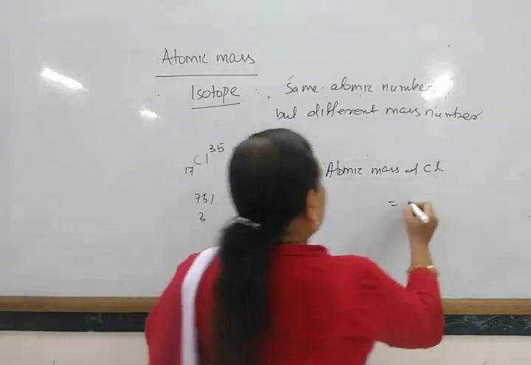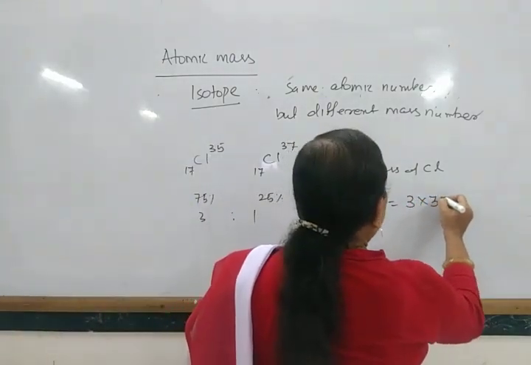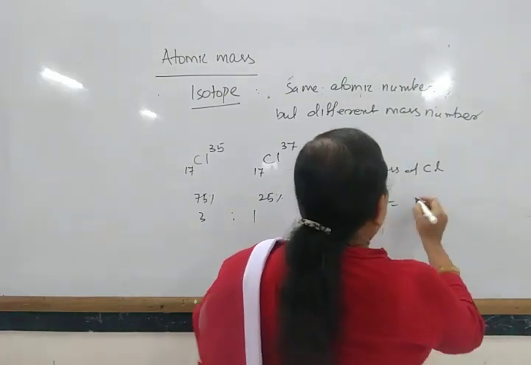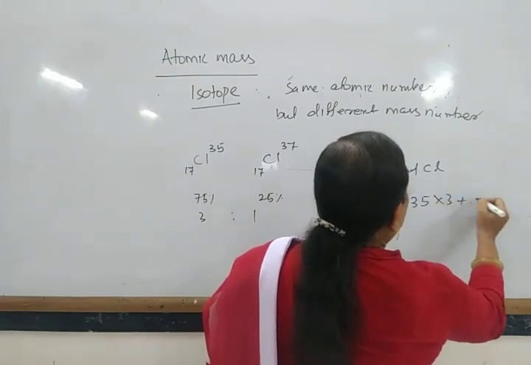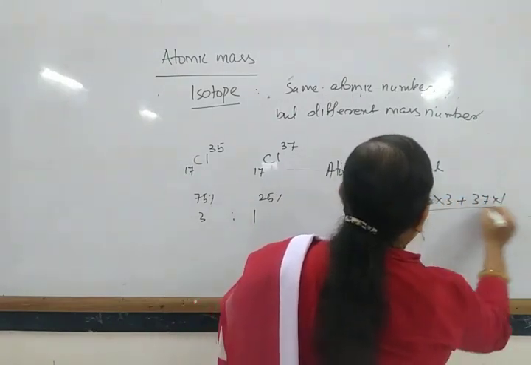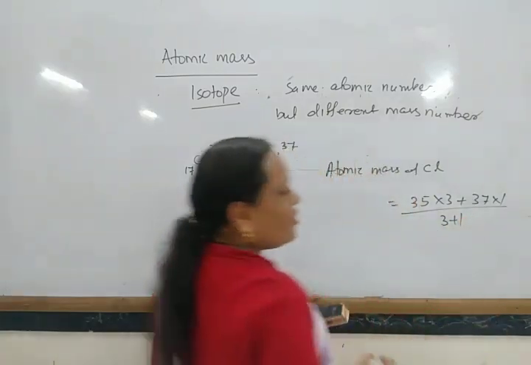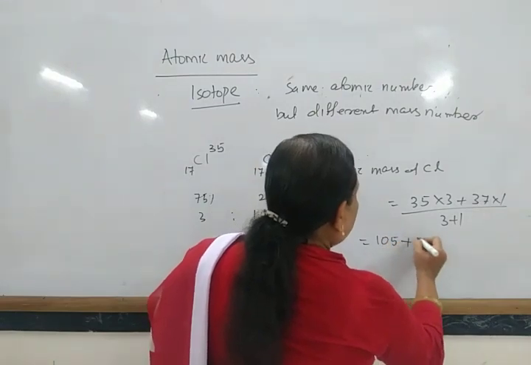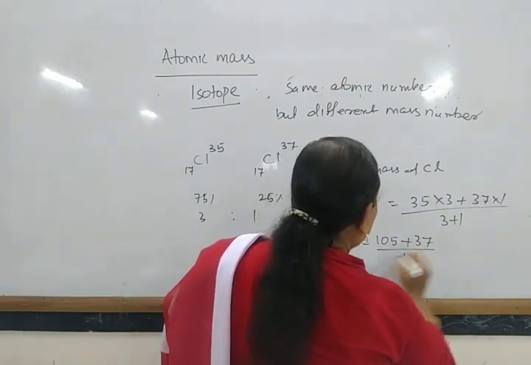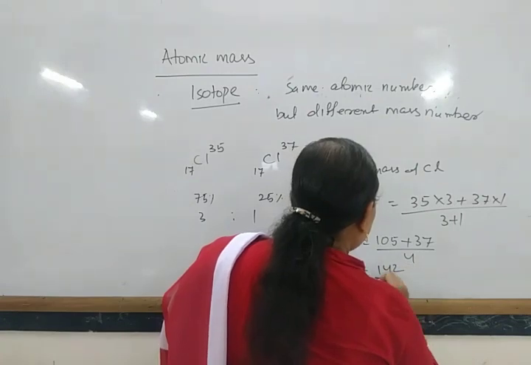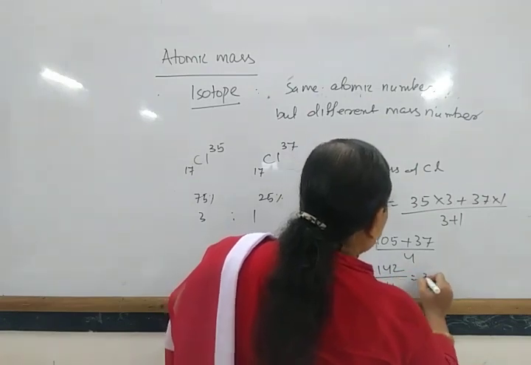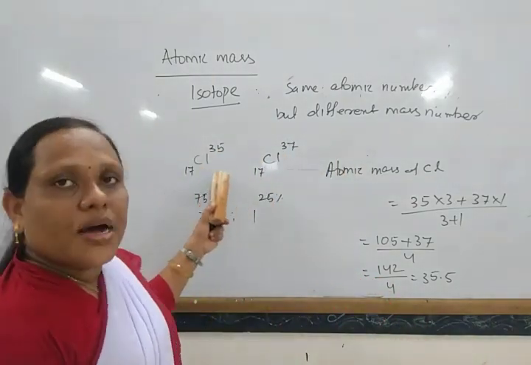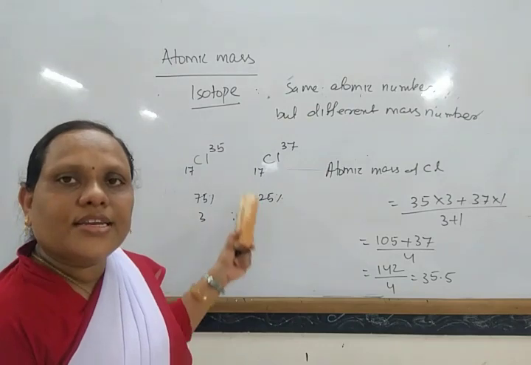So this is 3 parts into 35 plus 1 into 37, divided by total number of parts, 3 plus 1, that is 4. It is equal to (105 + 37) by 4, 142 by 4, that is equal to 35.5. In this way, the atomic mass of chlorine is taken as 35.5.